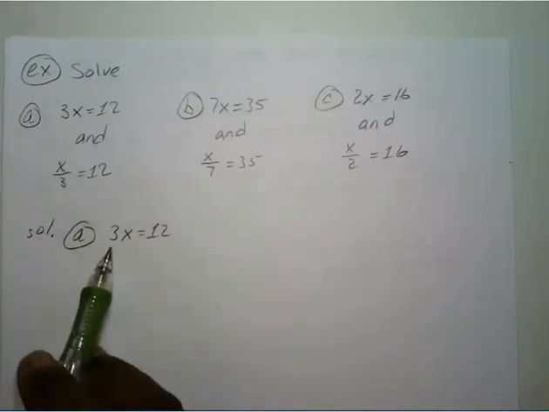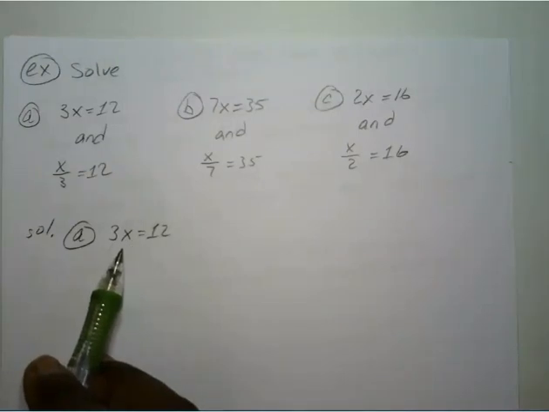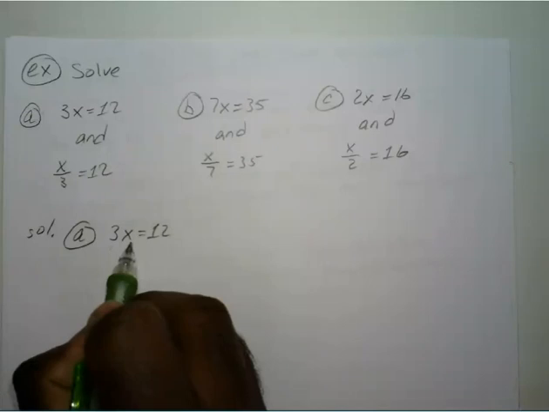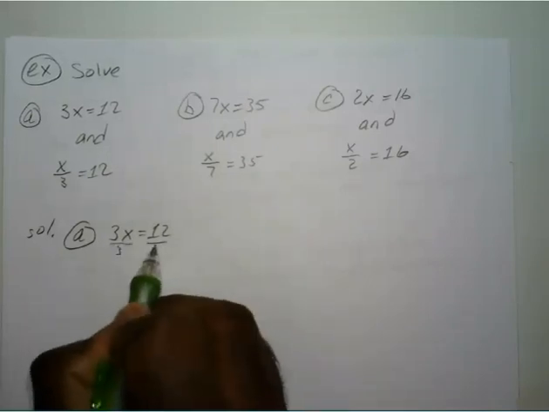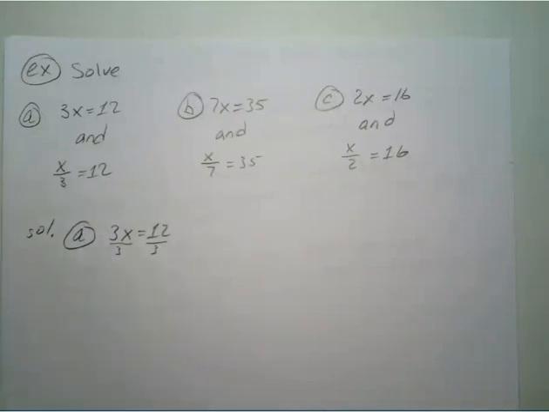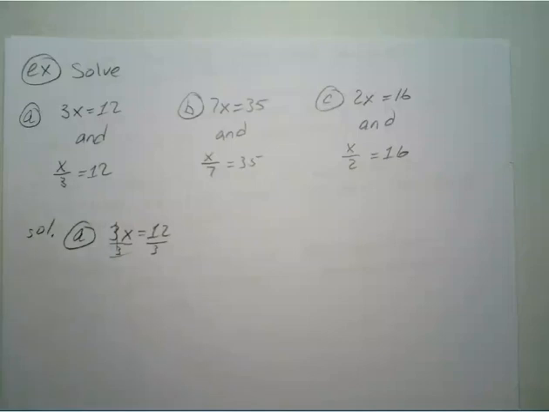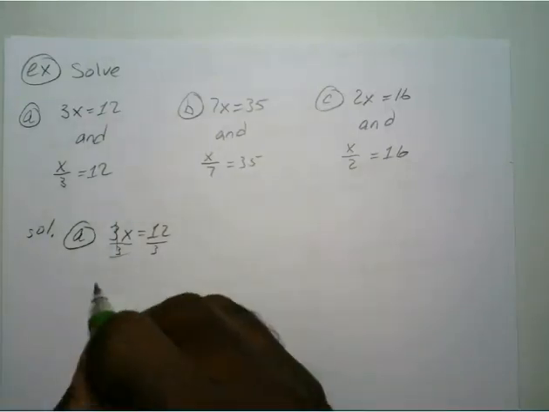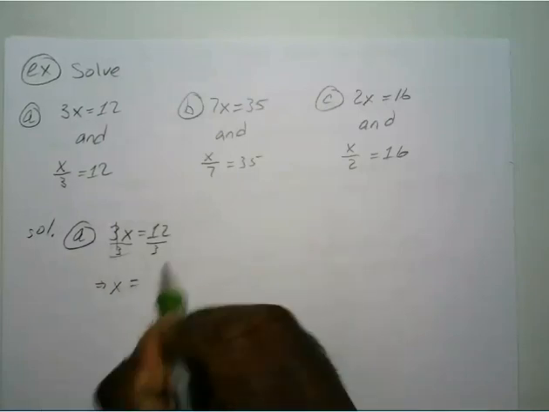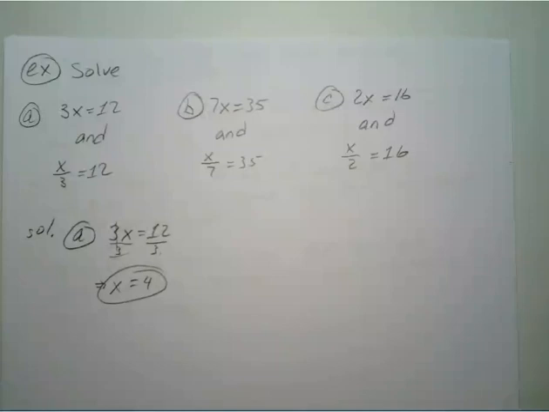Since this is a multiplication problem, you're going to divide both sides by the coefficient, or the number next to the variable, which is 3. We know that 3 divided by 3 is equal to 1. So that gives you 1 times x, which is just x, is equal to 12 divided by 3, which is 4.